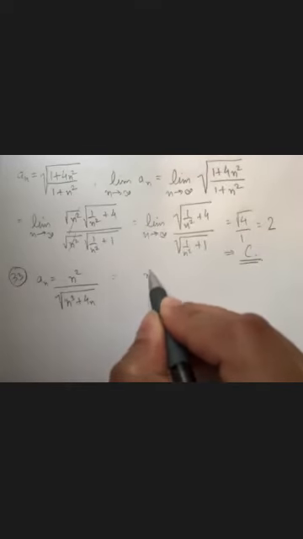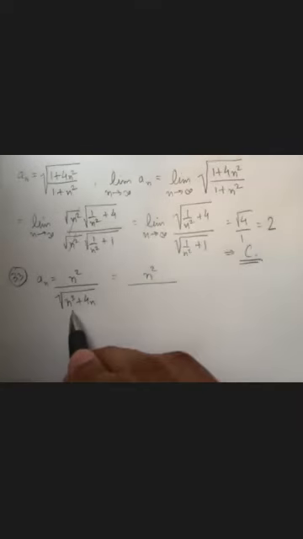33. Here an is... now let's first rewrite an. Let's factor out n cube, which is the highest power of n.